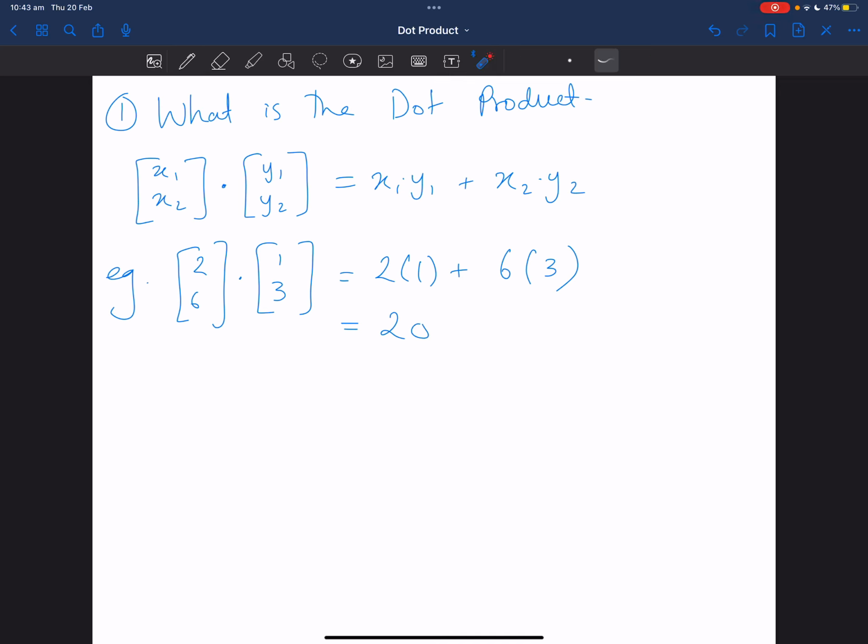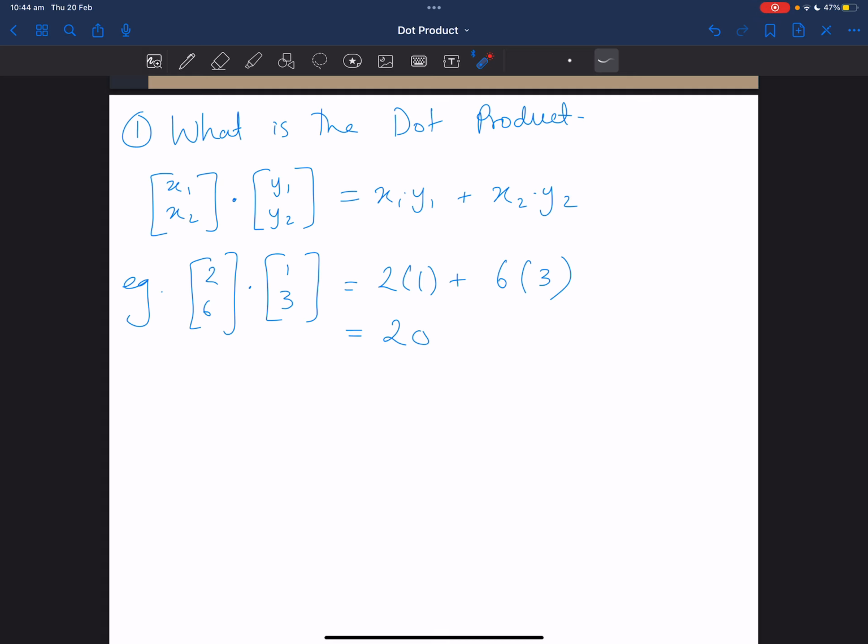The idea is you take two vectors, you apply this operation, and you get a number out. And a very natural question is, why are we defining it with this weird rule? Because in some sense, we're defining a multiplication on vectors, and it would make sense to define it a whole lot of other ways.